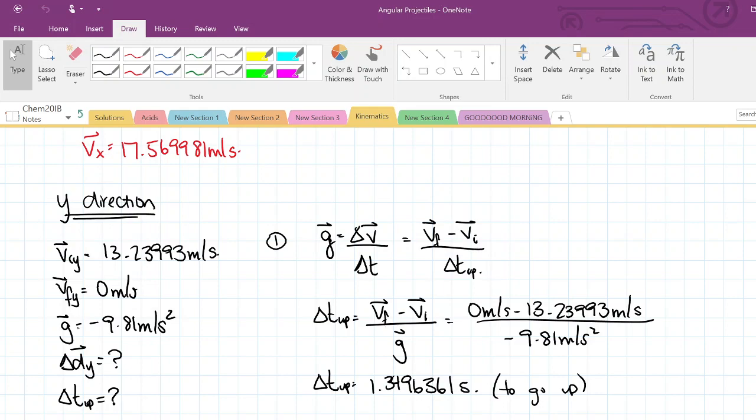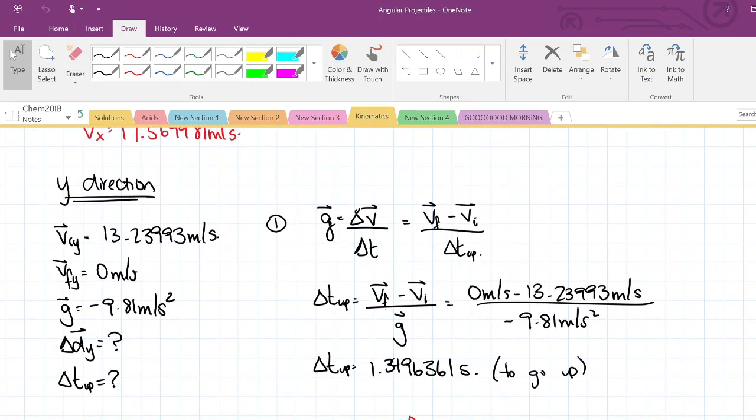I'm rearranging to solve for the time that the ball is in the air. So I plug my numbers in: final velocity is 0 meters per second minus 13.23993 meters per second, divided by minus 9.81 meters per second squared. And I get that the ball takes 1.3496361 seconds to reach its max height.